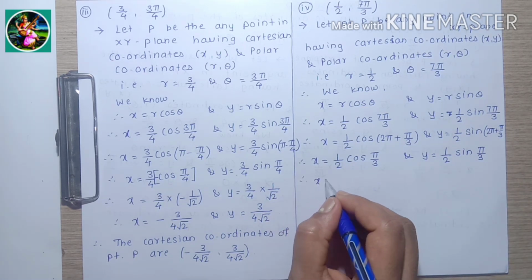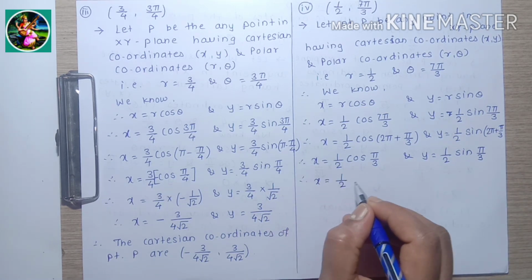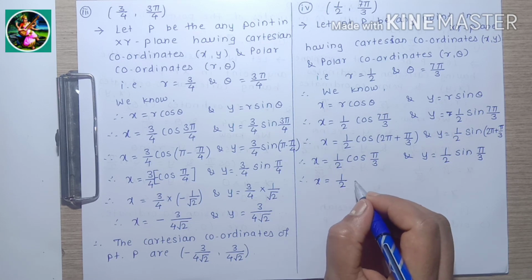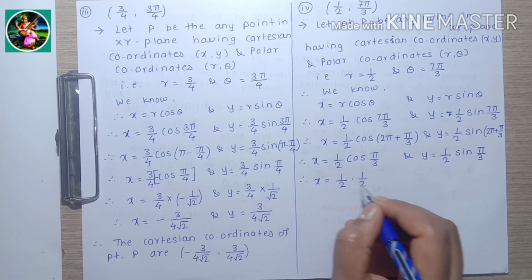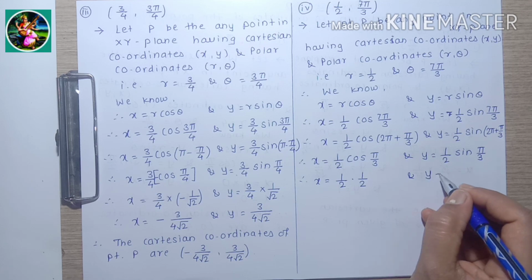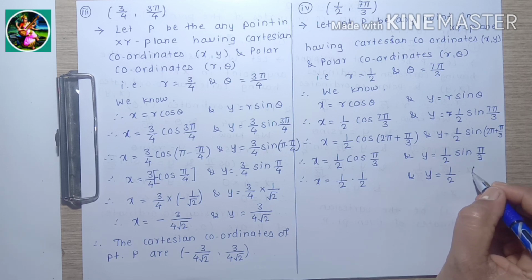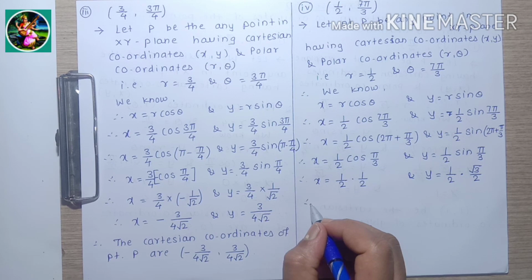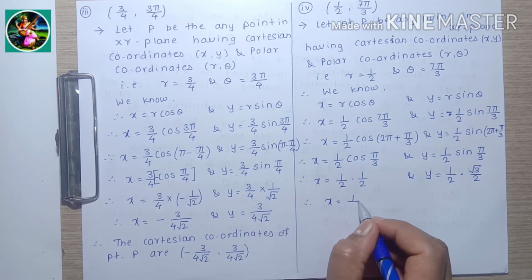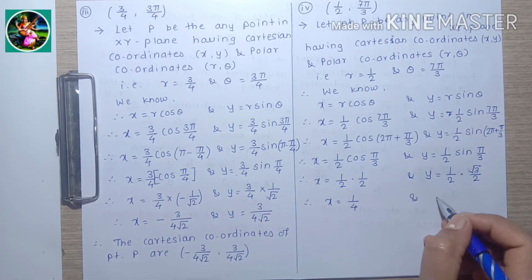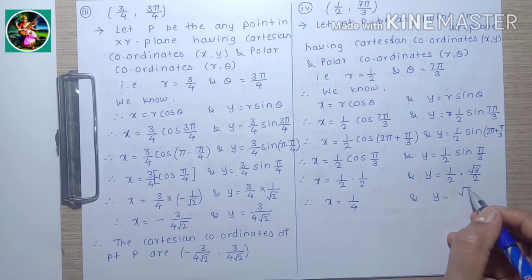Therefore x is equal to 1 upon 2. The value of cos of pi by 3 is 1 upon 2. And y is equal to 1 upon 2. We know the value of sin of pi by 3 is root 3 by 2, therefore here we write root 3 by 2. Therefore x is equal to 1 upon 4 and y is equal to root 3 divided by 4.